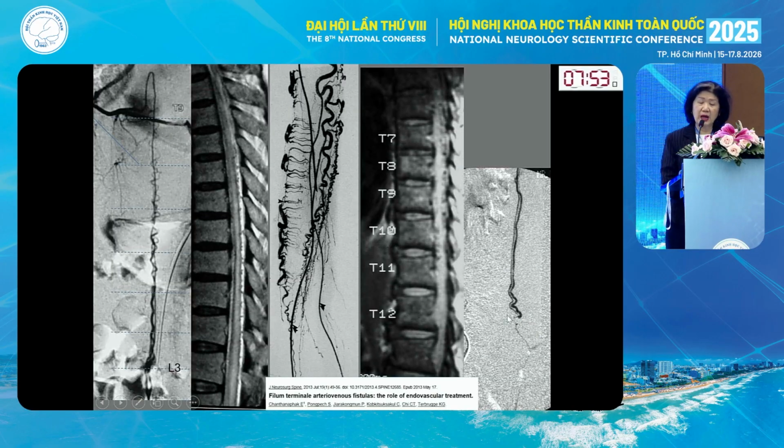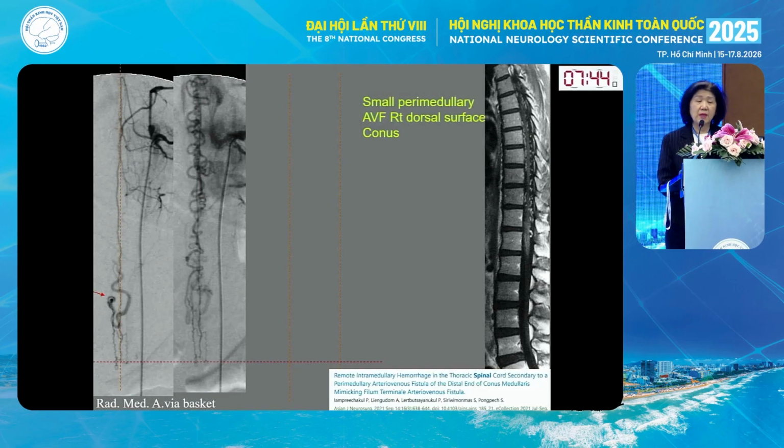This is the filum terminale arteriovenous shunt, which can present with venous congestion of the entire spinal cord, same as the dural shunt. Don't forget that this is in the differential diagnosis of dural arteriovenous shunt, and it is called filum terminale AV shunt.